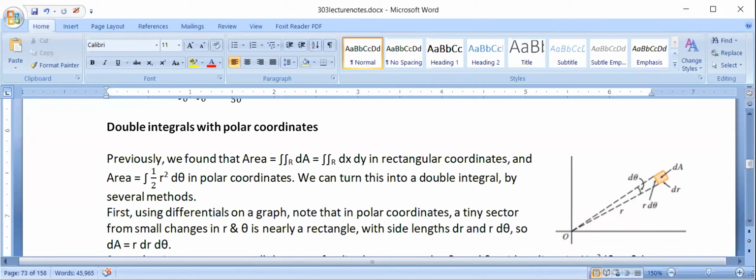We can go through this whole calculation. I'll leave the calculation here, and you can look at it at your leisure. That's a bunch of geometry and quite a bit of algebra. Long story short, it does give us what we need: that dA equals r dr d theta.